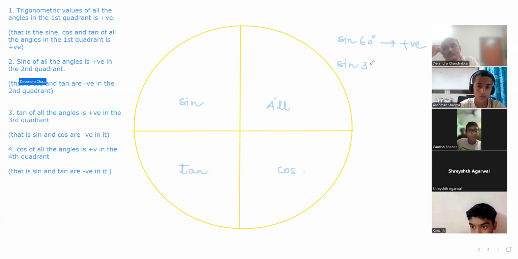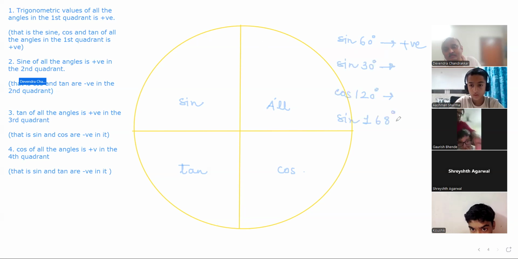Then comes sine of 30 degrees. All of you do this exercise and give positive or negative. Just type the signs for 1, 2, 3, 4, 5, 6, 7 in the comment window. Cos of 120 degrees. Sine of 168 degrees. Tan of 210 degrees. Tan of 330 degrees.